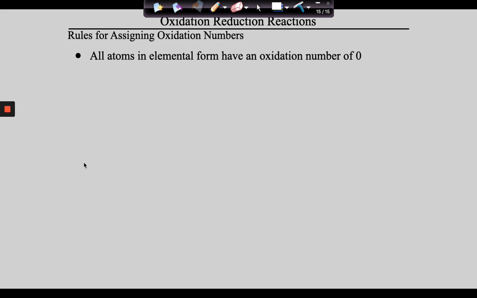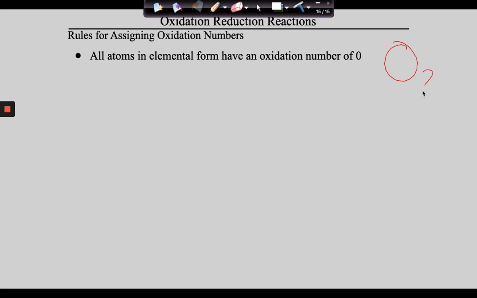So for example, this is a vial of graphite, which is pure carbon. So guys, what is the charge of each one of these carbon atoms? And the answer is 0. Because they're in their elemental form, they have the same number of protons as they do electrons, and their oxidation number is 0.